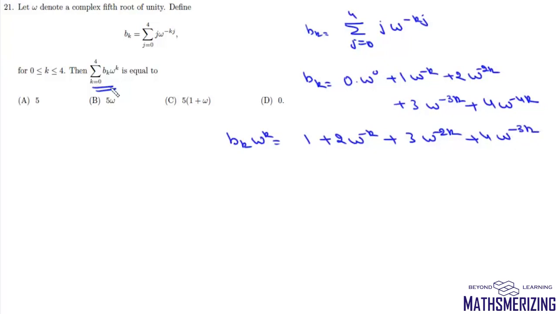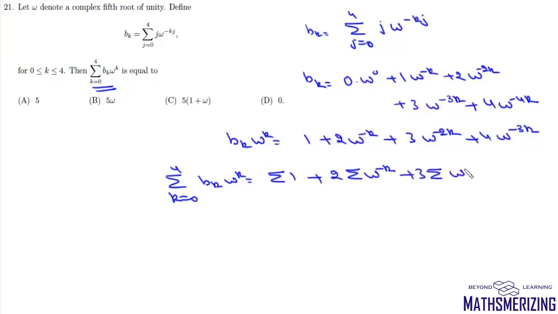Now we'll need to find this summation, k varies from 0 to 4 of b_k·ω^k. Now this is summation of 1, plus 2 into summation of ω^(−k), plus 3 into summation of ω^(−2k), and 4 into summation of ω^(−3k). Now summation of 1 is 5. What about summation of ω^(−k)?